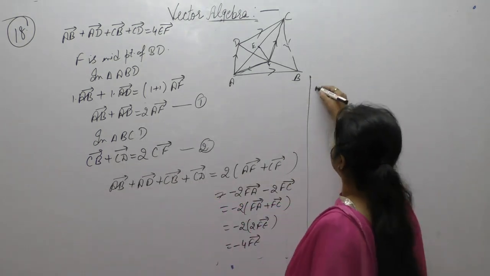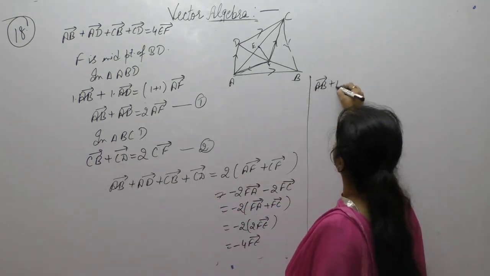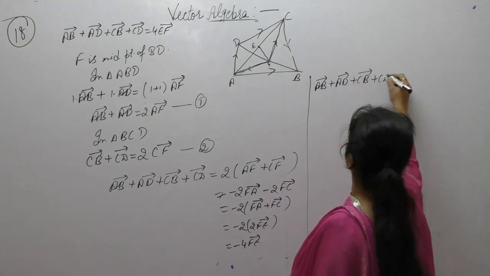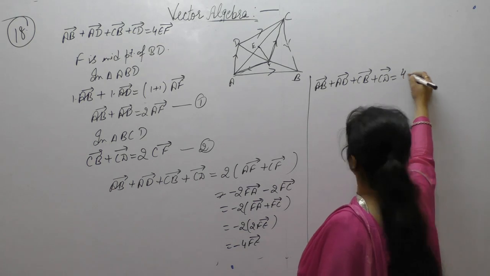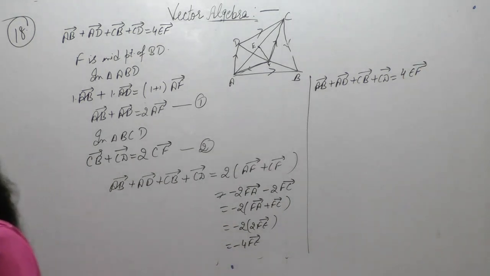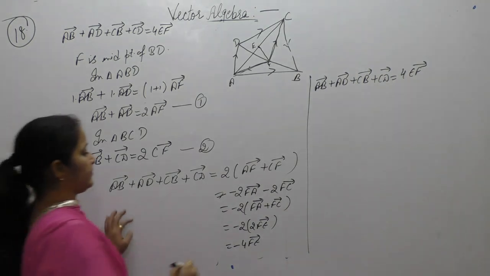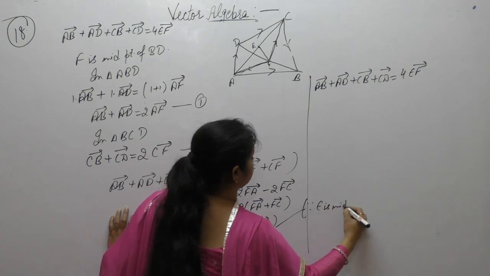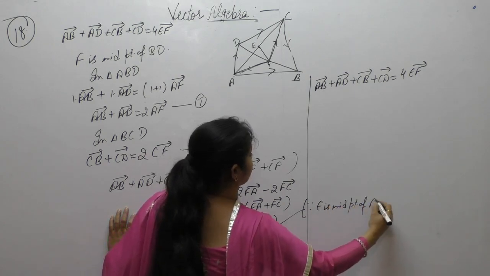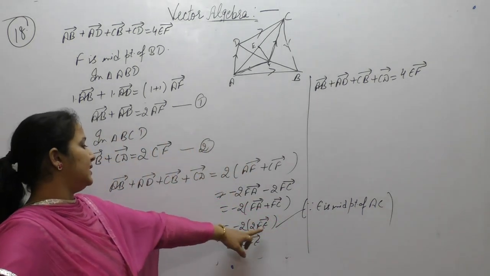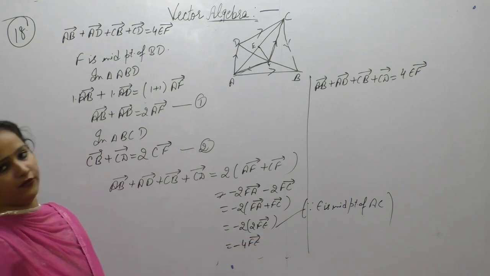Because E is the midpoint of AC, therefore 2 times FE here.